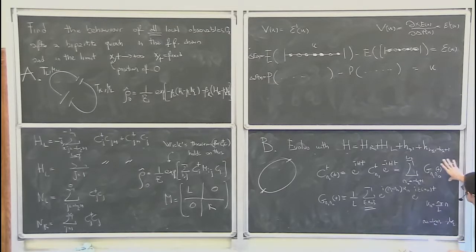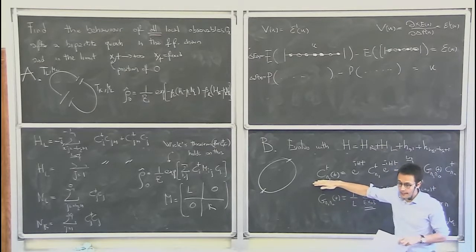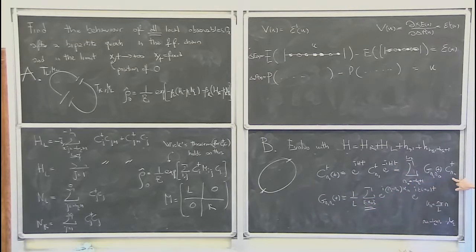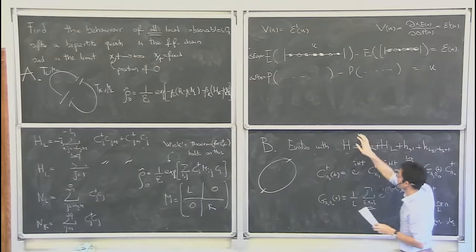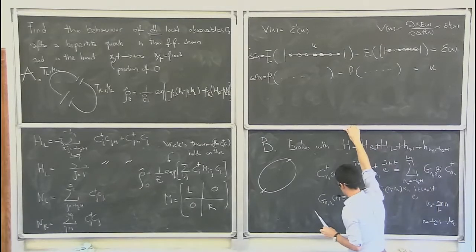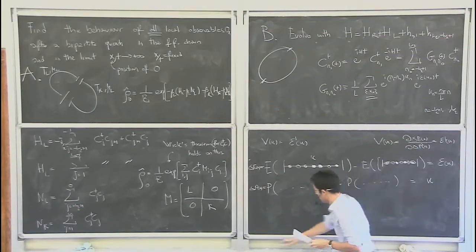Okay, so basically this relation is just saying that the fermionic operator at time t is just a linear combination of fermionic operators along the chain. Okay, but this is actually a useful property.